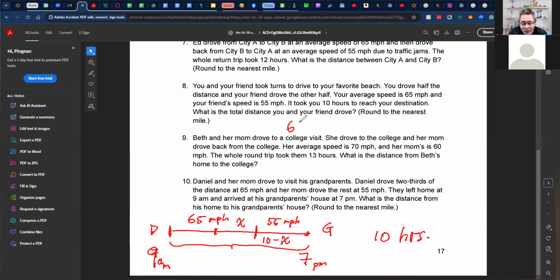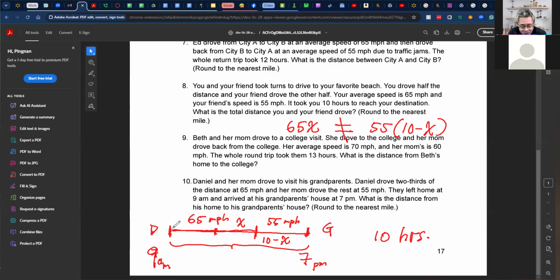So we know 65X is the distance Daniel drove. His mom drove 55 times (10 minus X). Well, these are not equal because Daniel did 2/3 of the distance and his mom did 1/3.